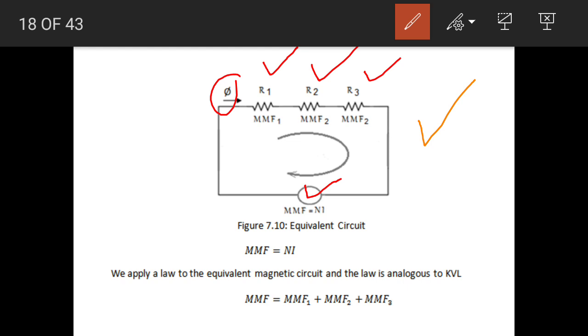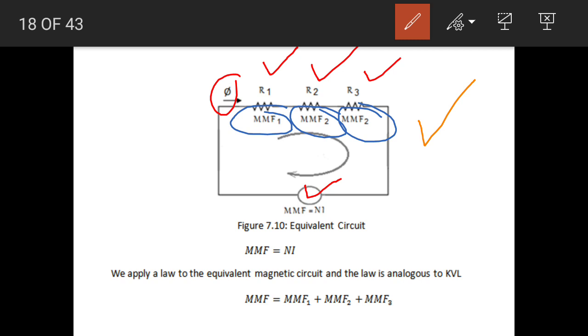You see the MMF, which is responsible for the magnetic flux of phi Weber in the first material, is MMF1. The MMF2, which is responsible for the magnetic flux of phi Weber in material number 2, is represented by MMF2, and the MMF, which is responsible for the magnetic flux of phi Weber in material number 3, is represented by MMF3.